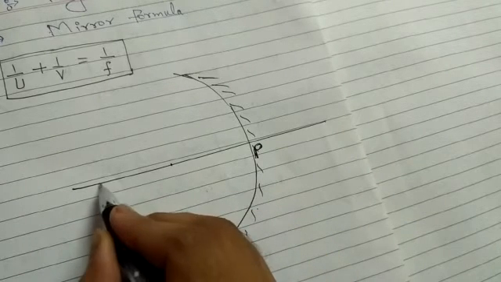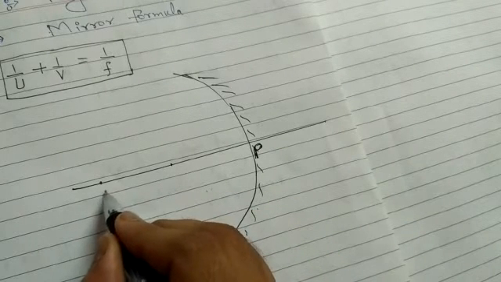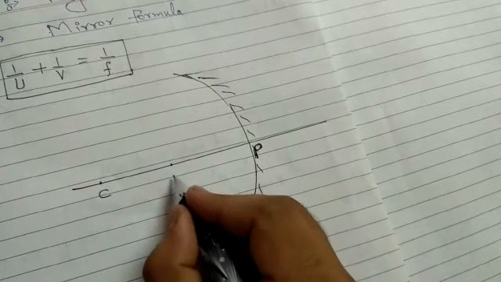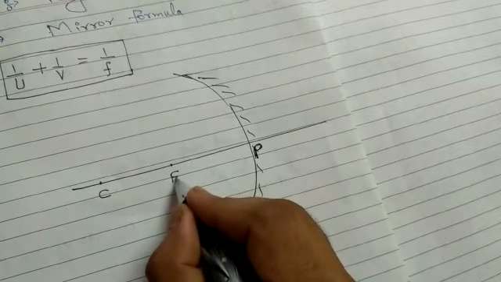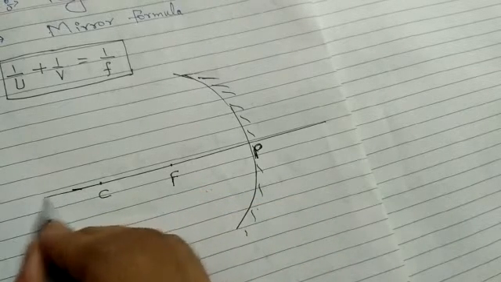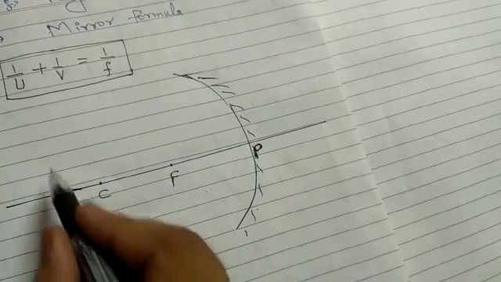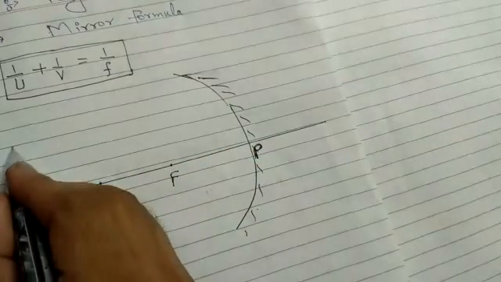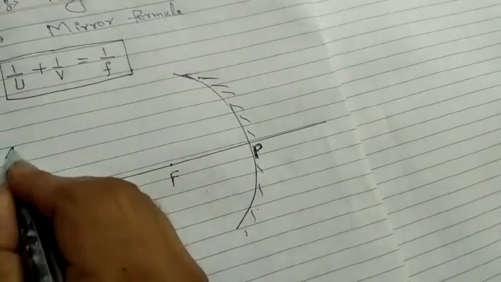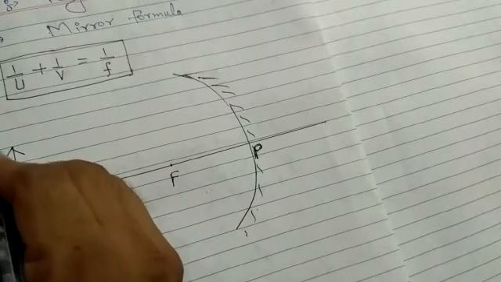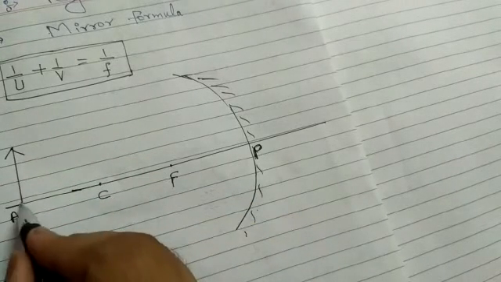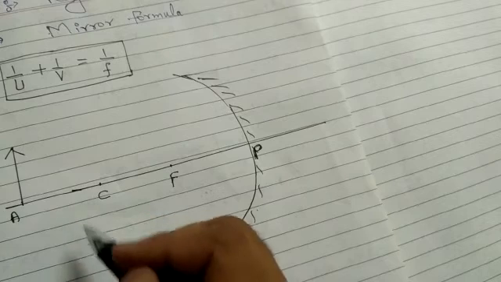Let C stand here, the center of curvature. F stands here, the principal focus. And let there be an object AB, an extended object AB, placed on the principal axis.